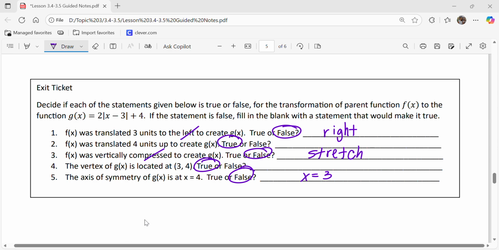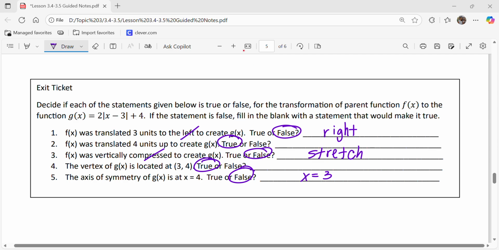And then just to do another example, letter A: write a function for the graph shown. Again, find the vertex first. It's negative 1, positive 2. Find another point on that graph. I'm going to use (1, 5). Find your A first. So again, that's my h, that's my k, that's my x, and that's my f of x.